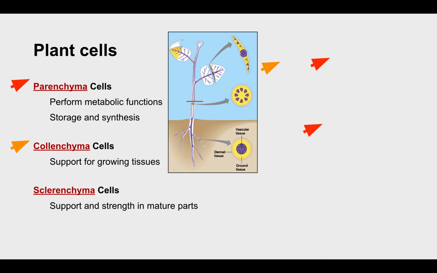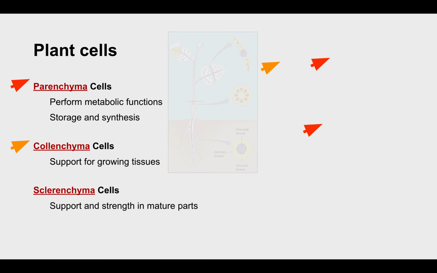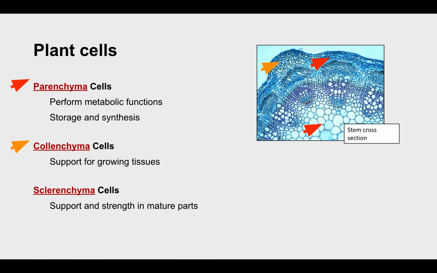Parenchyma cells are going to perform metabolic functions like photosynthesis. They're also going to be responsible for storage, or synthesis of other materials. Parenchyma cells are going to be found in the ground tissue.